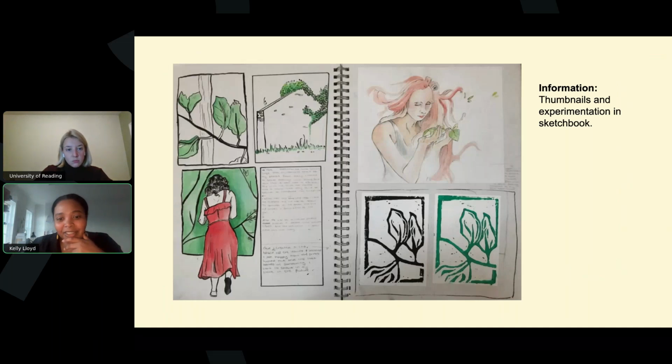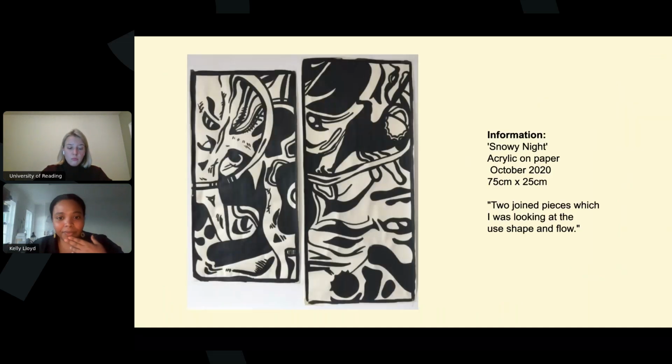So another set of sketchbook images, playing around again between printing and then also sketching with watercolors. So more work that bridges between printmaking and sketching.